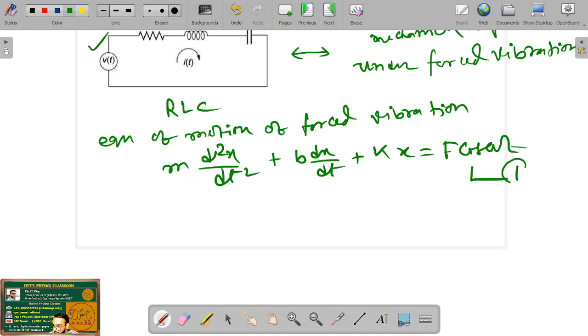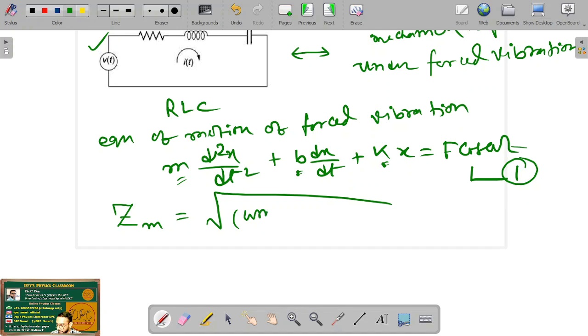We take it as equation 1, where m is the mass of the system, x is the displacement, b is the damping coefficient, k is the spring constant or force constant, and F cos omega t is the externally applied periodic force. We have already discussed in my previous video on forced vibration that the mechanical impedance Zm is equal to root under of (omega m minus k by omega) whole square plus b square.